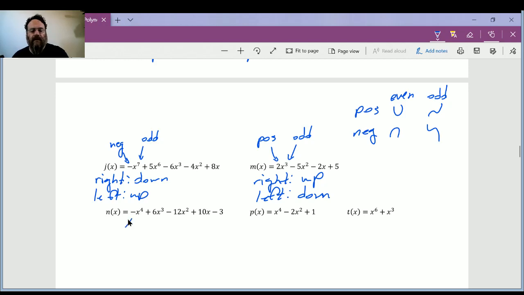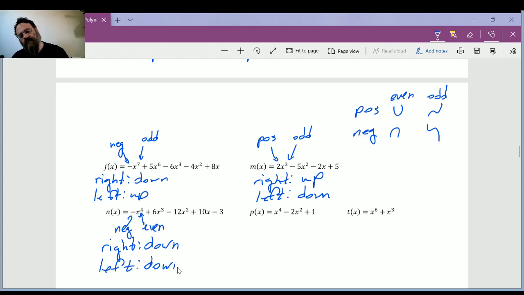Right here, this is negative, and that 4 is even. We look over here to negative, even. So the right side goes down, and the left side goes down.